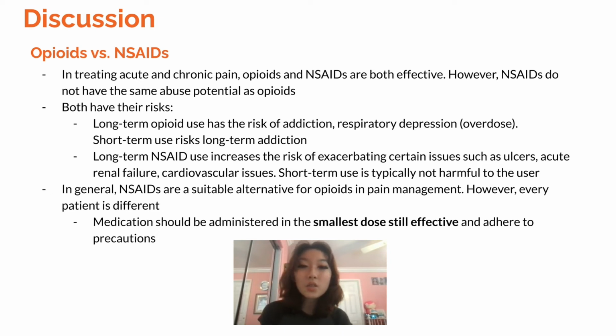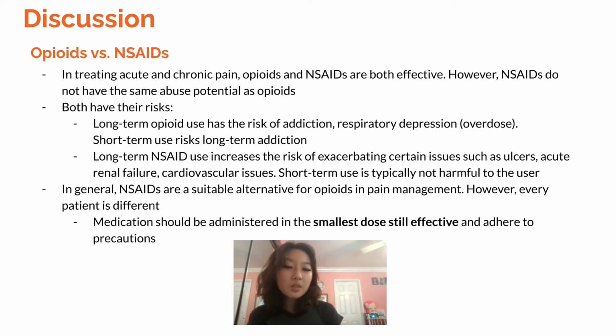However, NSAIDs do not have the same abuse potential as opioids do, which is what makes it more appealing. Both have their risks. Long-term opioid use has the risk of addiction and respiratory depression, which can lead to overdose. Short-term use risks long-term addiction with these opioids.